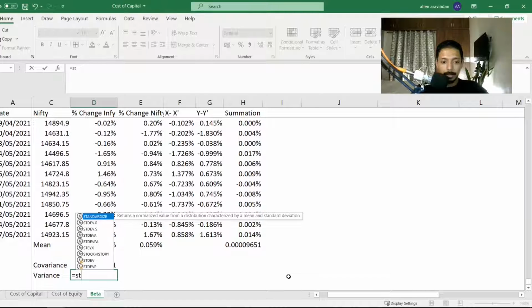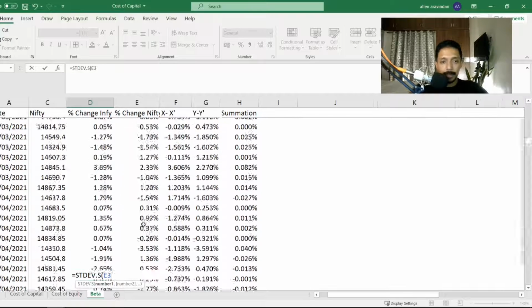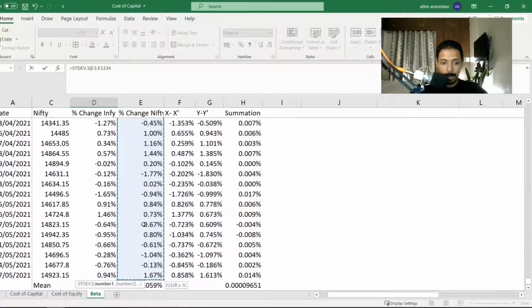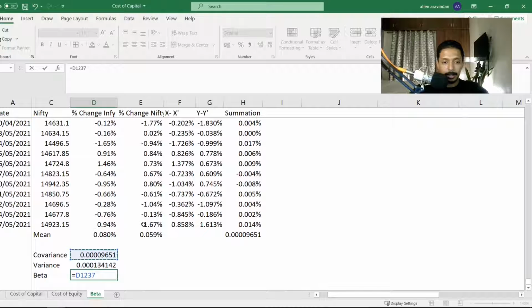Variance is nothing but the standard deviation of the Nifty prices, the market prices, squared, right? So that's my variance. And now if I just divide these two, I will get covariance divided by variance. That's going to give me a beta of 0.71.